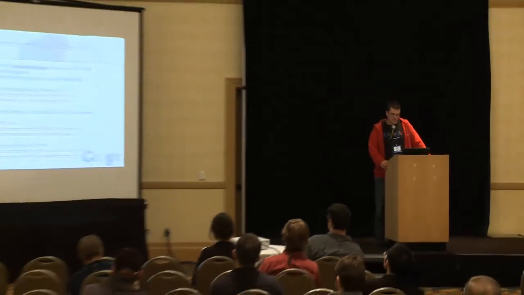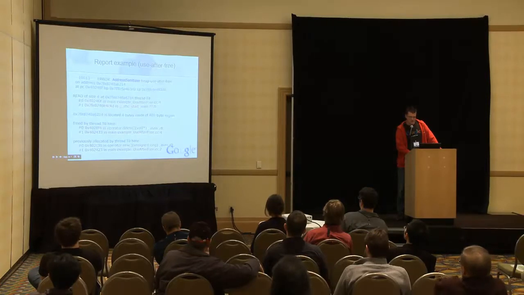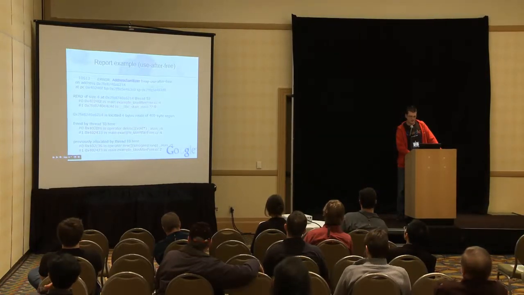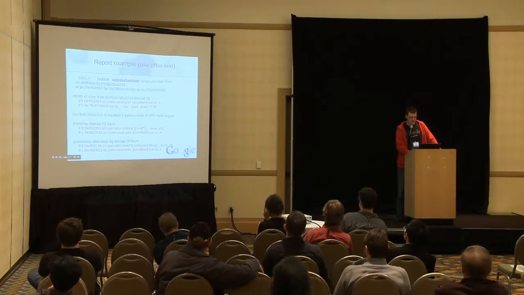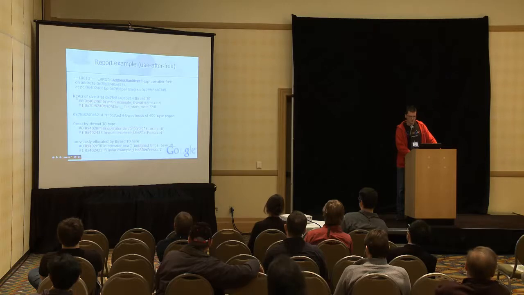And this is how the warning message looks for the case of use after free. It tells you the kind of the bug in the first line. It tells you the address, PC, stack pointer, whatever. It gives you whether it is a read or write, which size, which thread, and the stack trace.